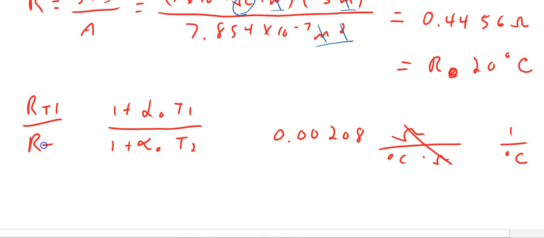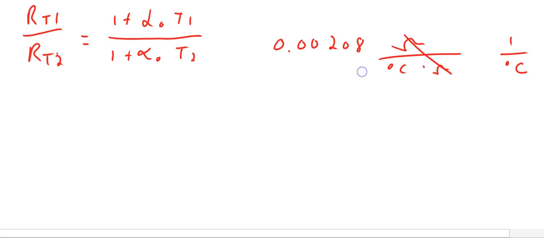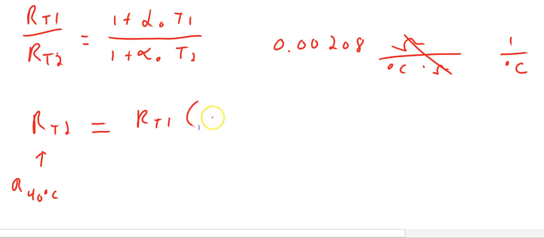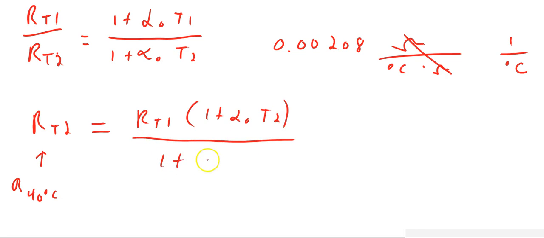Now, our ratio typically will be written as RT2, where that is the resistance at 40 degrees C, is equal to RT1 outside of 1 plus alpha 0 times T2 over 1 plus alpha 0 times T1.